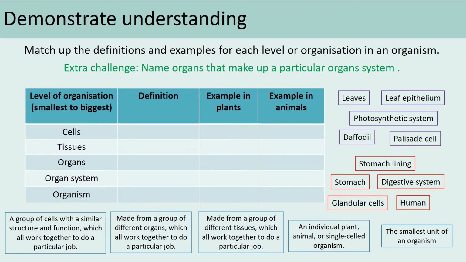Can you take the words or sentences that are around the table and put them in the correct place on the table? So you've got to find the definition for each one of those levels of organization, an example in plants, and an example in animals. Okay, this will take a little bit of time for you to do, so pause the video and have a go at completing that.